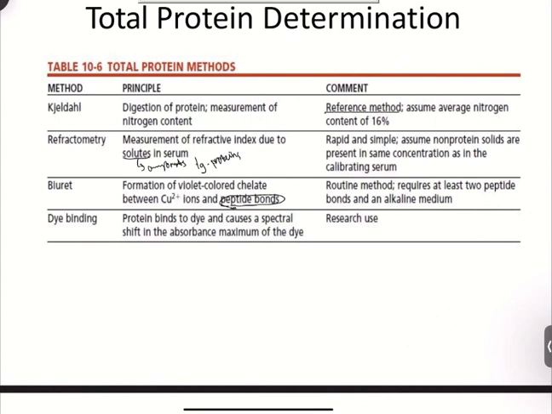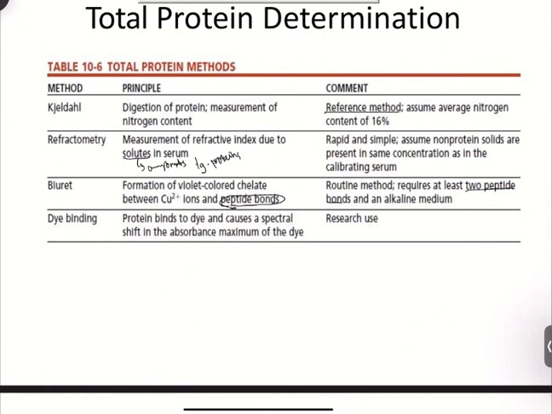Your proteins, or amino acids, are bound together with peptide bonds to form several proteins. Now, this is a routine method. When you say routine, commonly used, it requires at least two peptide bonds and an alkaline medium. Why two peptide bonds? Because peptide bonds are what is detected in this test, your biuret.